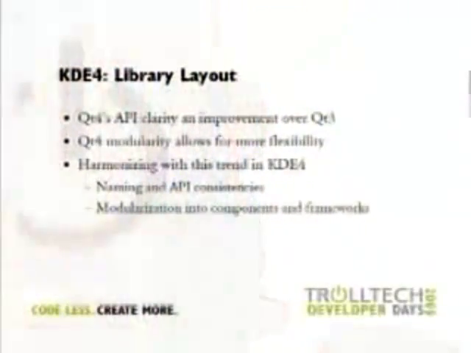One of the first things that we decided to revisit with KDE 4 was how we're structuring our libraries. And we looked at Qt and what Trolltech has done with Qt when you compare Qt 3 to Qt 4. One of the things they spent a lot of time on was API clarity.